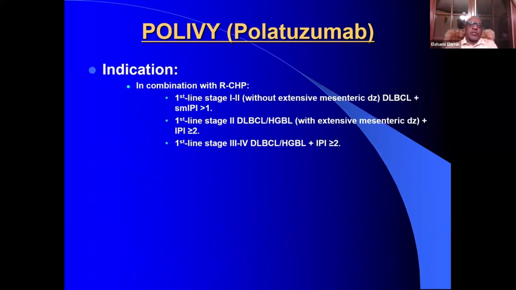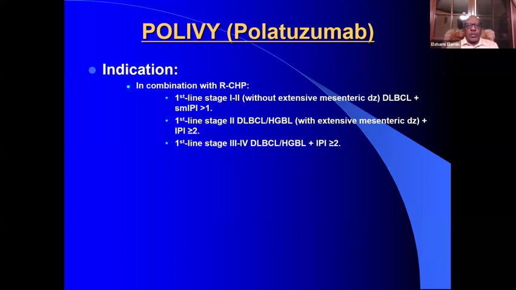So now it is considered a standard of care first-line therapy in combination with R-CHP, basically R-CHOP without vincristine, or the Oncovin. It is indicated at the first line for stage 1 or 2 without extensive mesenteric disease, diffuse large B-cell lymphoma, with a modified IPI of more than 1.